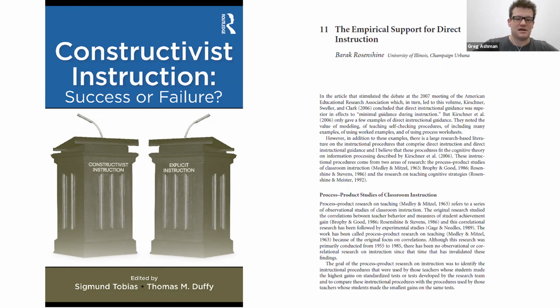And he goes through and illustrates that whatever it is you want to teach, even if it's something quite ill-structured, like reading comprehension or writing, the evidence suggests that explicit teaching, this process of gradual release, is the most effective way to do it. So he talks about process-product research. He talks about experimental research. He talks about research using these ill-structured tasks.